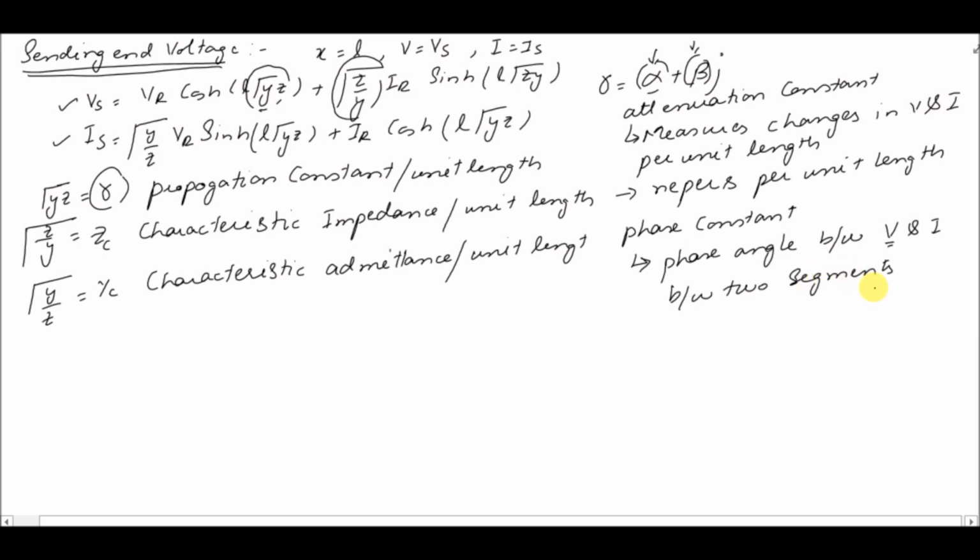What is the difference between the angle in the voltage and currents between the two segments? So if we are moving from one segment to another, what is the change in the phase angle? That is measured by the phase constant, and the magnitude changes are measured by alpha. The unit for the phase constant is radian per unit length.